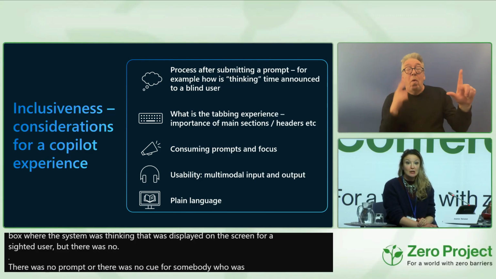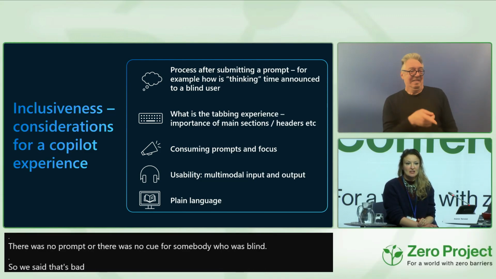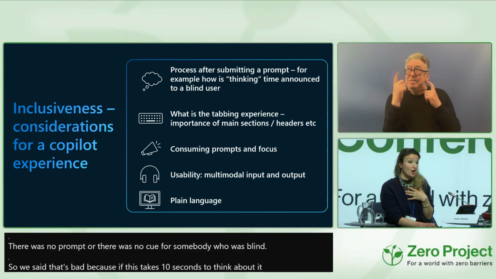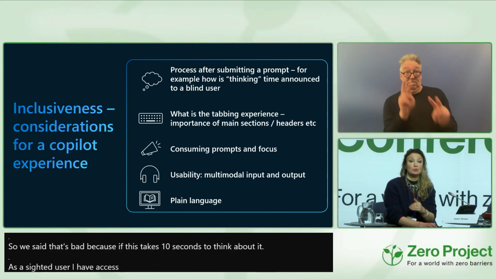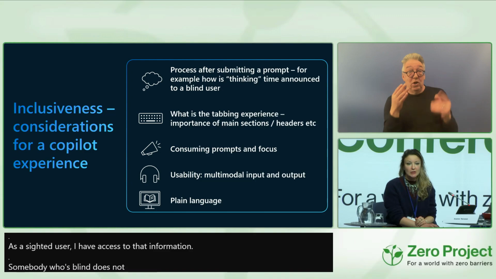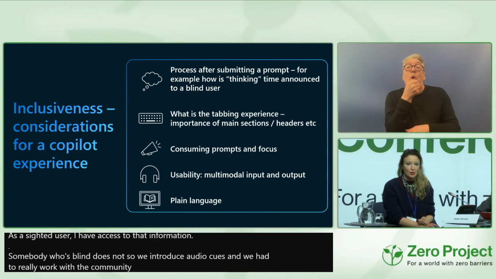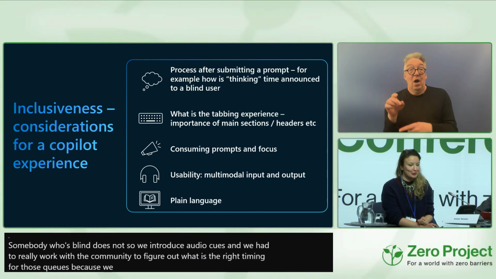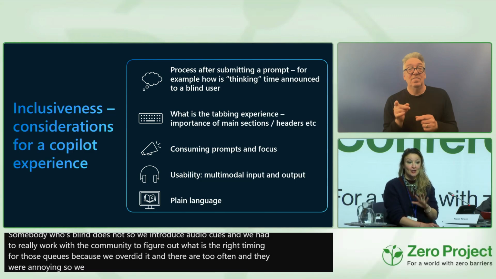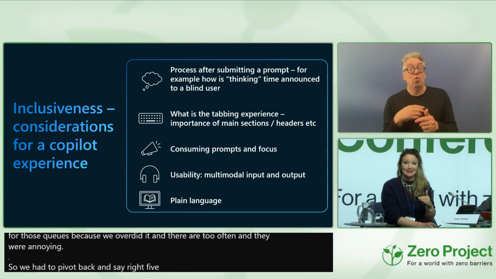That's bad, because if this takes 10 seconds to think, as a sighted user I have access to that information. Somebody who's blind does not. So we introduced audio cues. And we had to really work with the community to figure out the right timing for those cues, because we overdid it, and they were too frequent and annoying. So we had to pivot back and say, right, 5 seconds is where it's at.